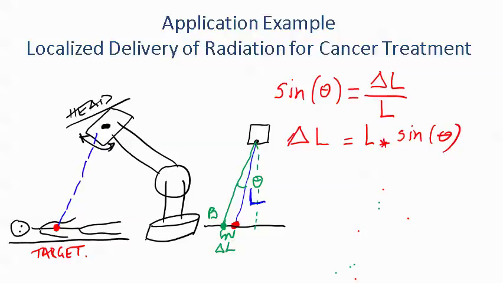So now we can put numbers: if the original length is known, and we know the angle theta, or the error in positioning or rotation of angle theta, we can solve and find out where the radiation ray will be delivered.